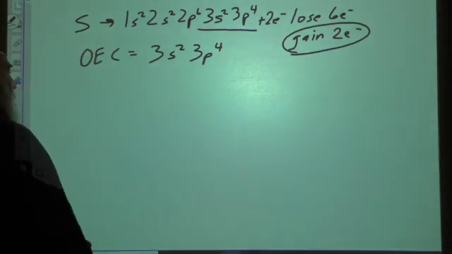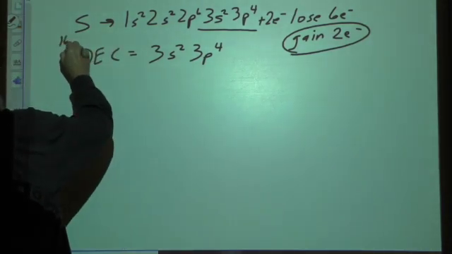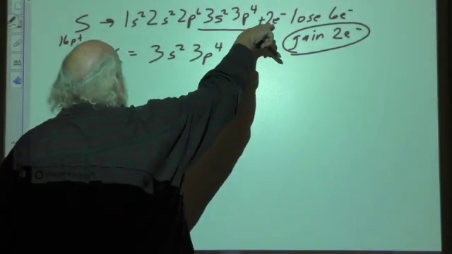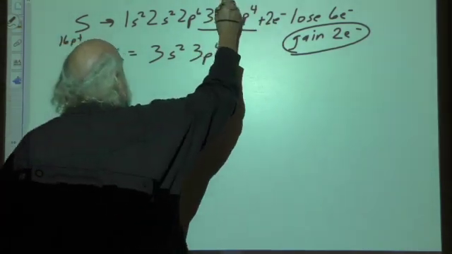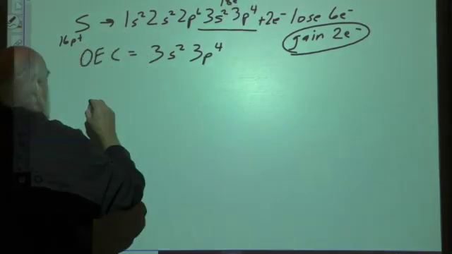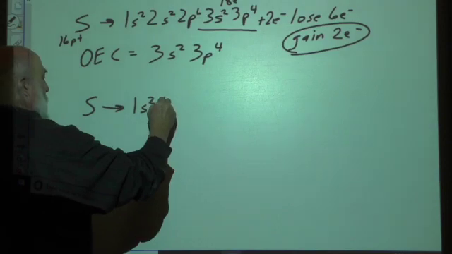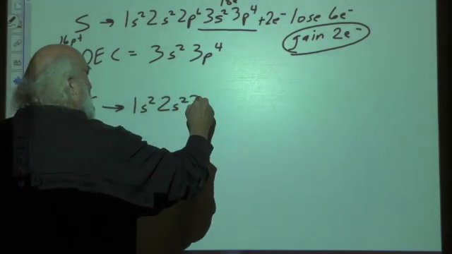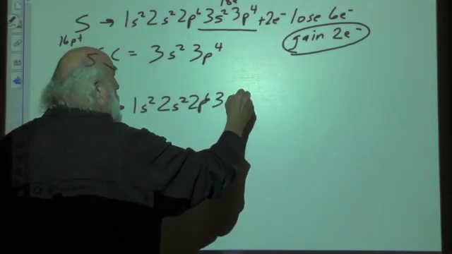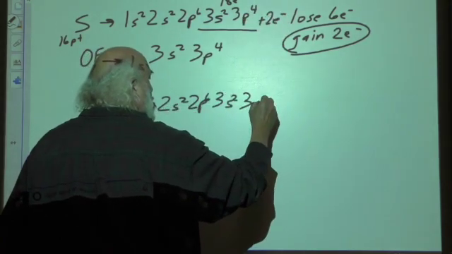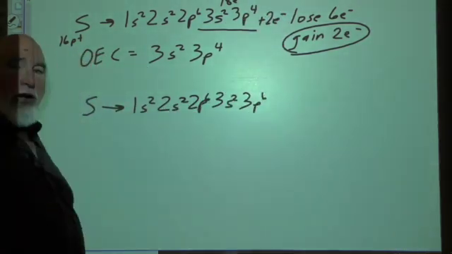Now when that happens, you've got 16 protons here. You add all that together, including the 2 over here, and that gives you 18 electrons. In fact, let's take a look at the electron configuration here: 1s2, 2s2, 2p6, 3s2, and 3p4 plus 2 is 6. Looks like a noble gas, looks like argon.